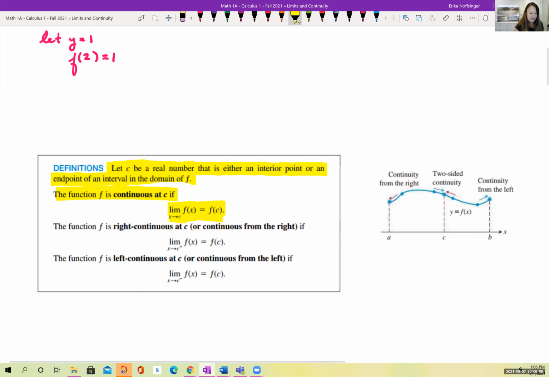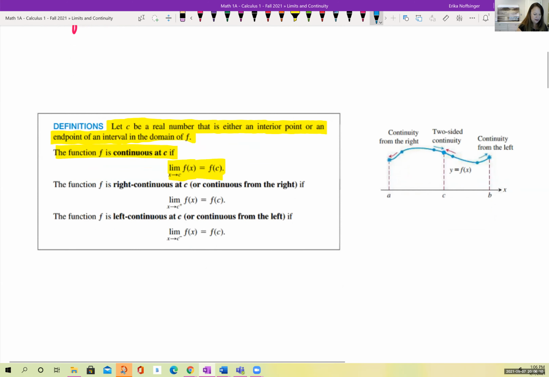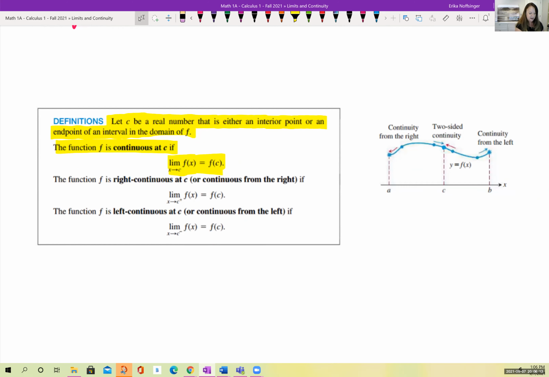So you can see that I have a picture in front of us on the right of that diagram. And so notice here, as the limit as x is approaching c, in order for a limit to exist, if it wasn't an endpoint on our domain, remember the limit as x approaches c of f of x on the left, that's a solid circle there. So this is equal to f of c.